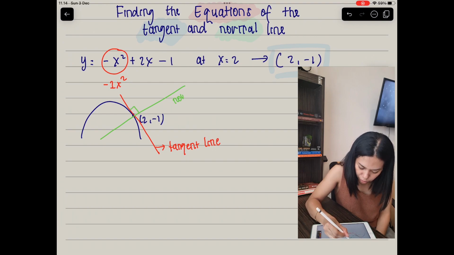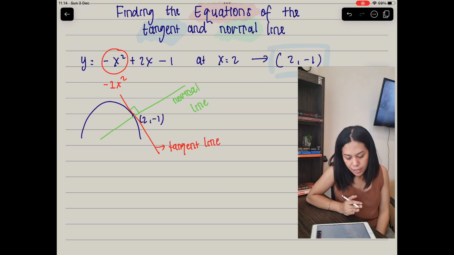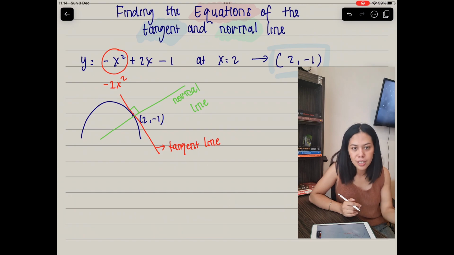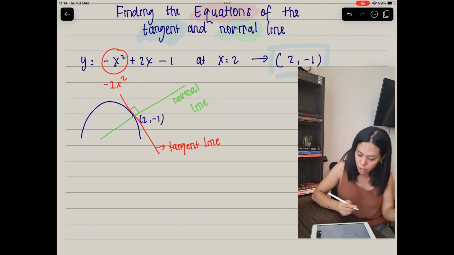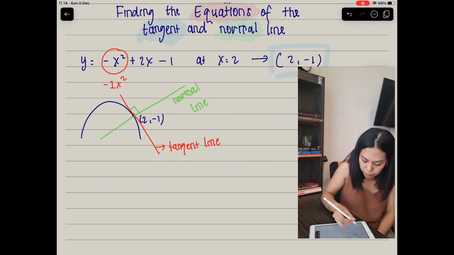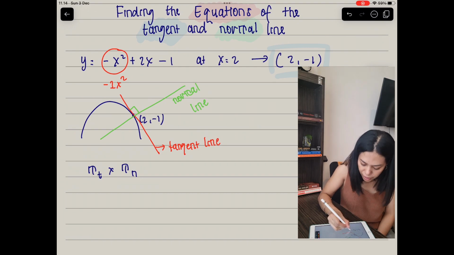So that's the normal line. Okay, and both of them have an m, or the slope. The slope of the tangent line and the slope of the normal line, because they make 90 degrees, if we combine them, the slope of the tangent line multiplied by the slope of the normal line is going to be negative 1.